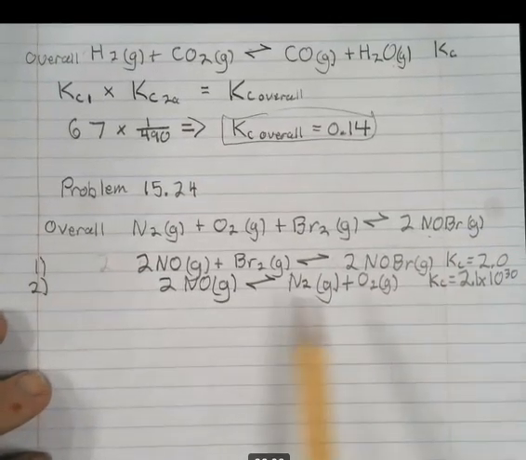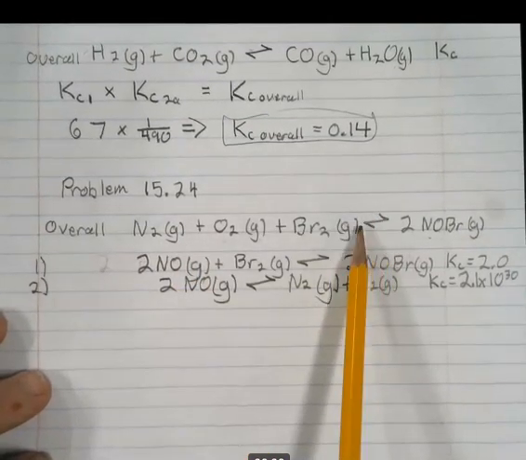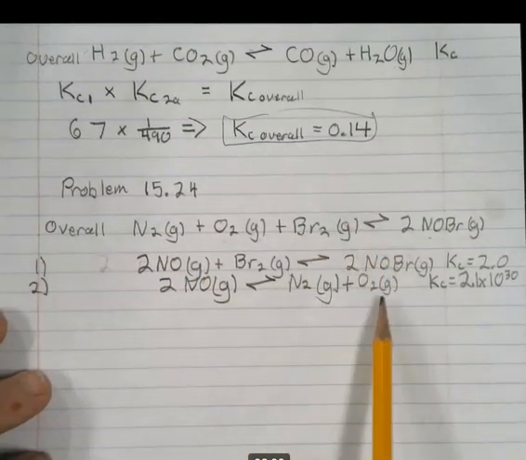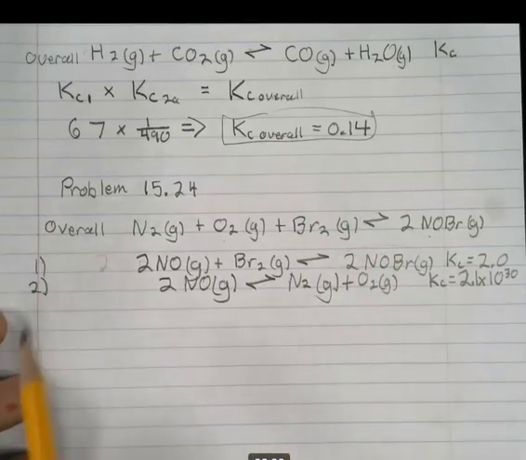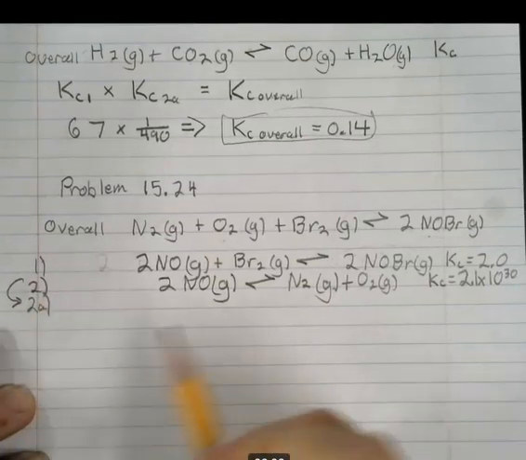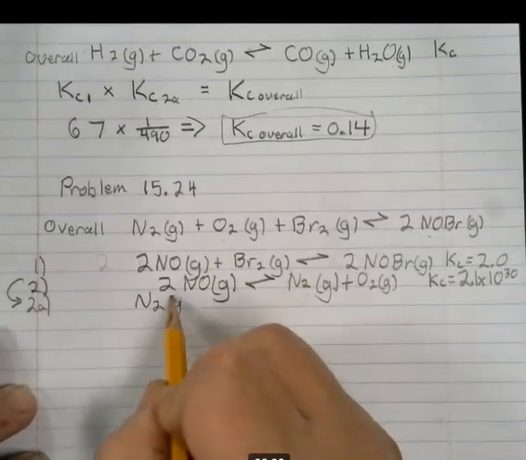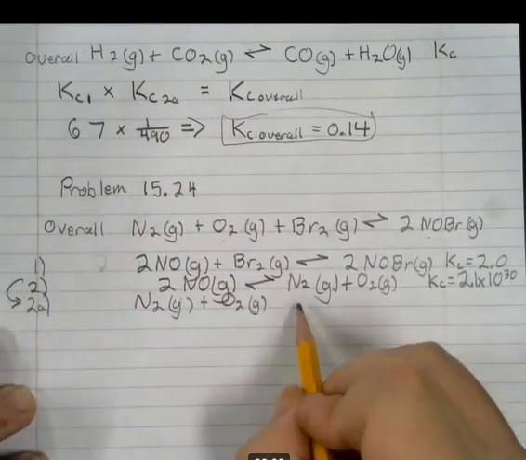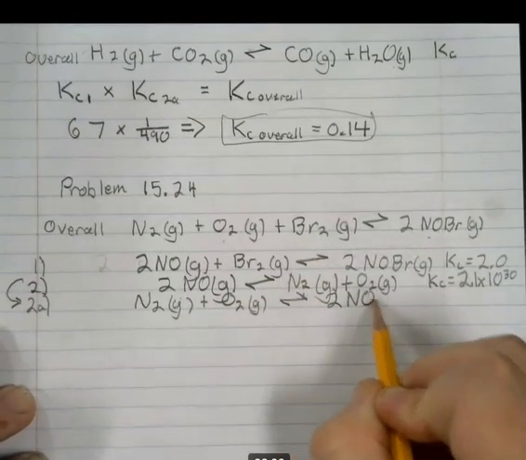All right, the overall has N2 and O2 on the left side of the arrow, and in equation 2 they're on the right side of the arrow. So we know we need to reverse that equation. So we're going to go ahead and do that right here. Call that 2a. And so that's going to give us over here N2, and over on this side it's going to give us 2NO.